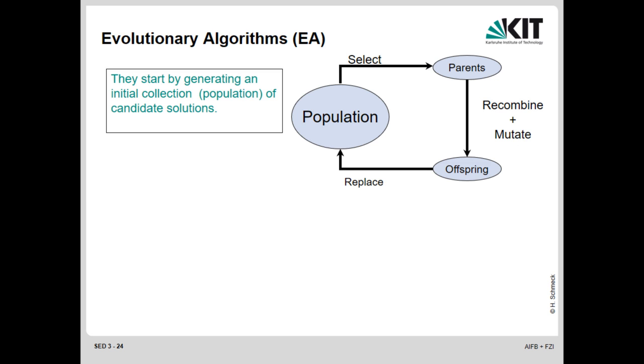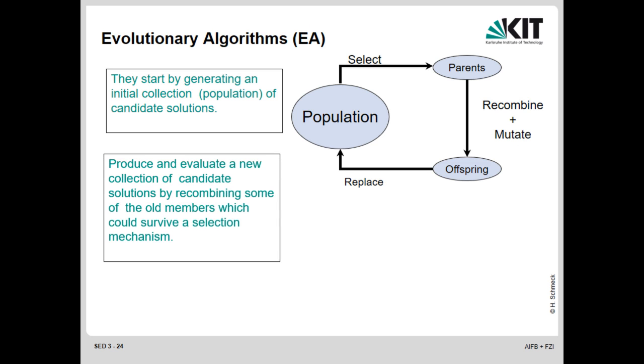So again, in this view here, we have an initial population, then we would like to produce and evaluate new candidate solutions, and we do that by selecting parents, recombining, mutating, looking at the offspring, evaluating what we have there, and integrating the offspring into the population, which is replacing some of the elements there.